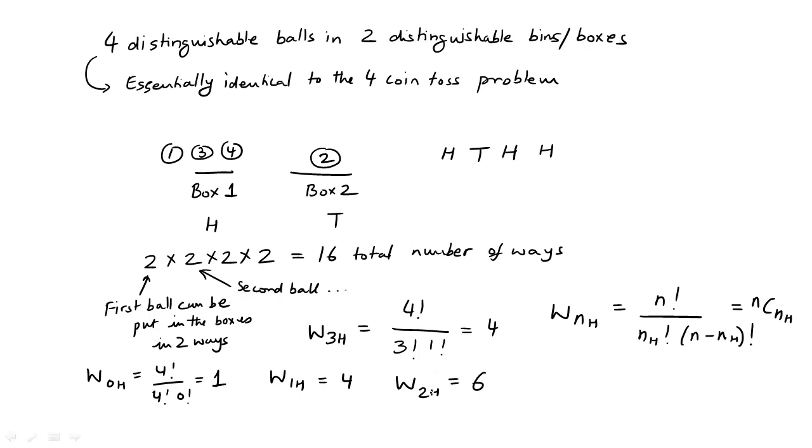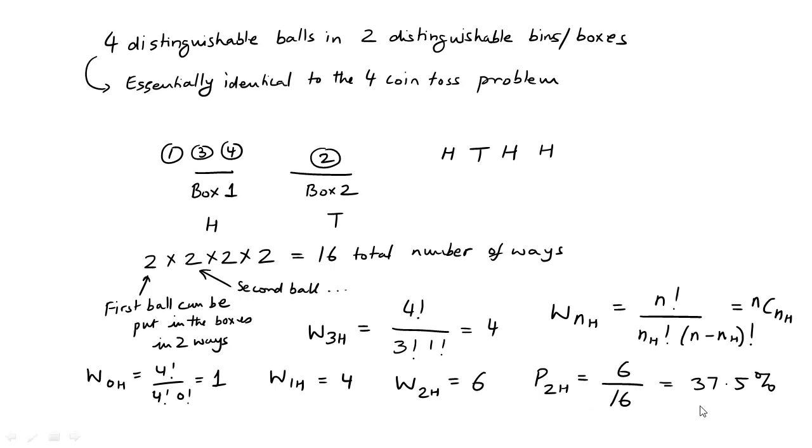The distribution with 2 heads is the most probable distribution, and the probability of 2 heads is 6 divided by the total number of outcomes, which is 16, and that is about 37.5%.